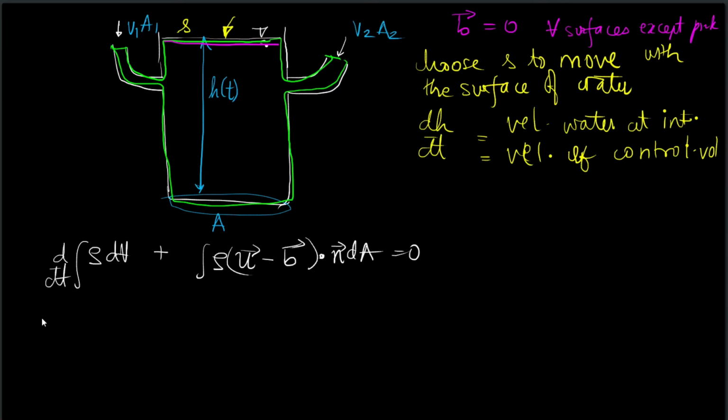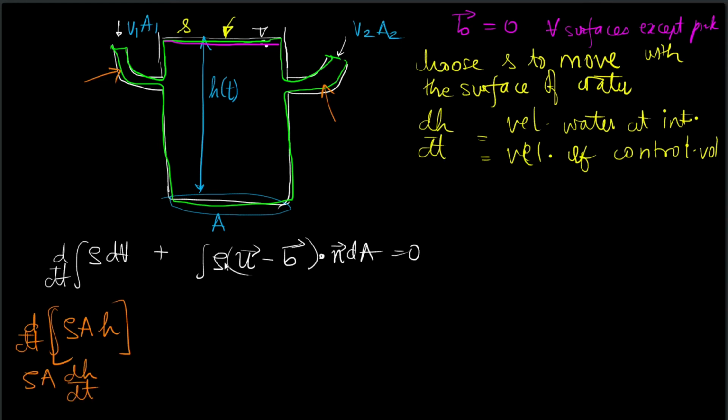Now what about the first term? Imagine that these two limbs are quite small compared to the tank volume. So this essentially becomes d/dt of rho times A times H, and this first term is essentially rho A times dH/dt.